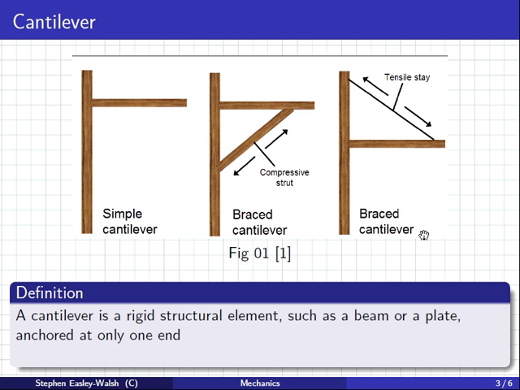Next, anchored. So the reason I said that's not a cantilever is because it's not anchored. What does the word anchored mean? Attached, but in a very solid, strong way. So for example, the projector.